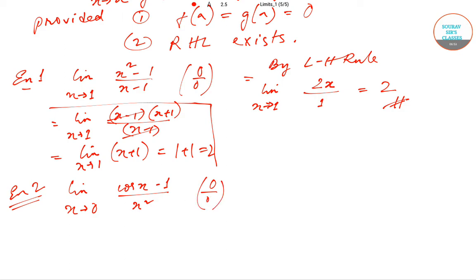So this is a 0 by 0 format. By applying the LH rule, we differentiate the numerator and the denominator. Differentiating cos x minus 1 with respect to x, we get minus sine x, divided by twice x. As you can see, again this is of the 0 by 0 format.